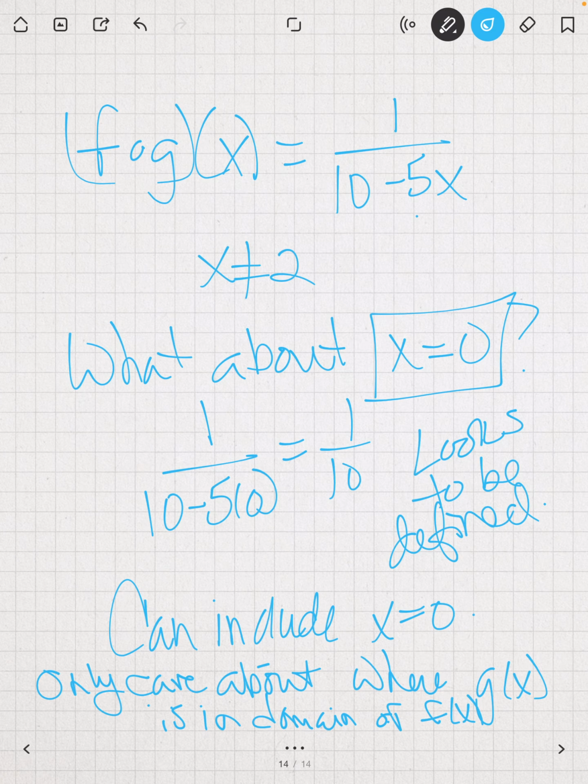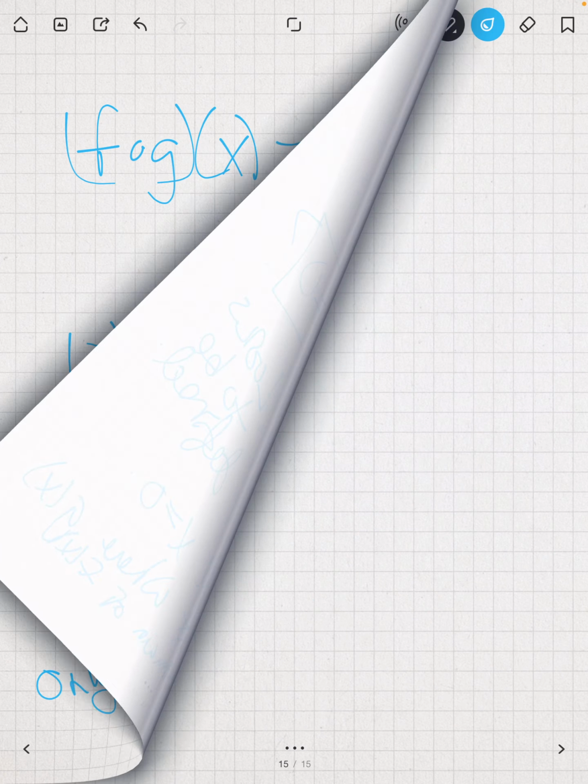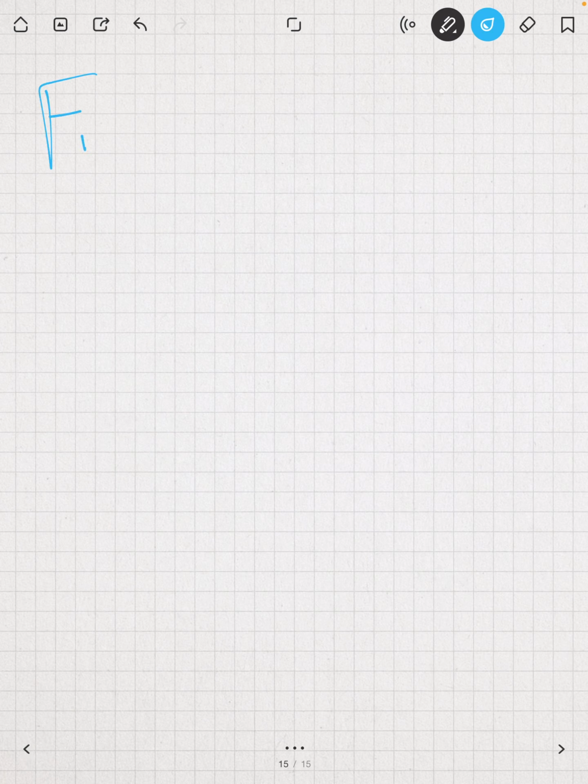And so the domain of f of x was whenever x wasn't 0. And so we only care about g of x doesn't equal 0, and g of x only equals 0 at 2.